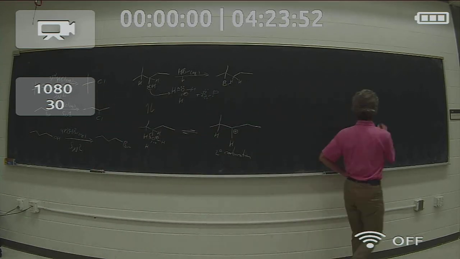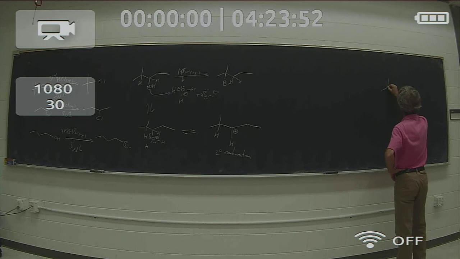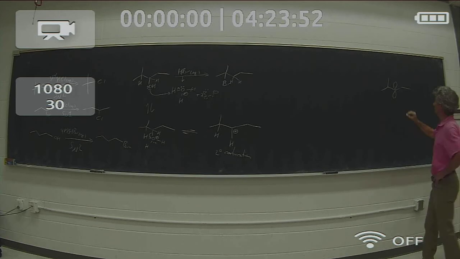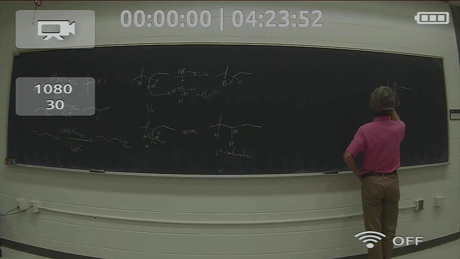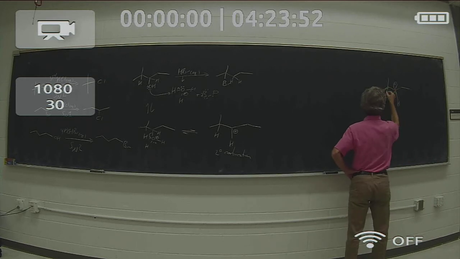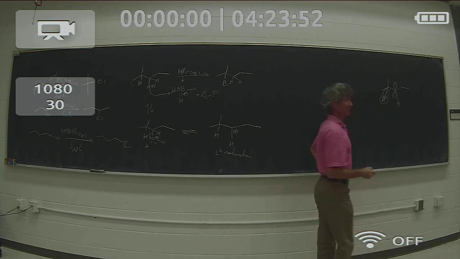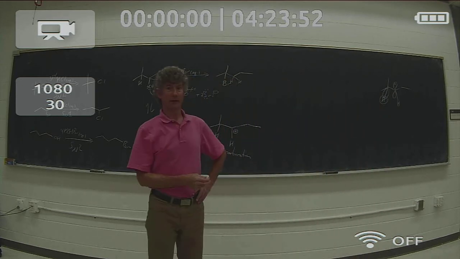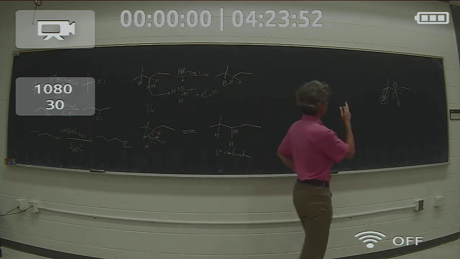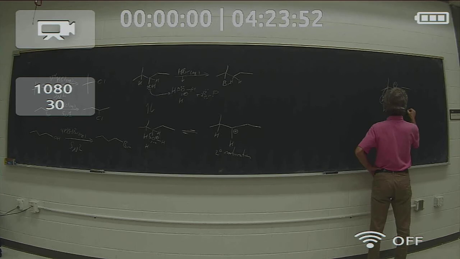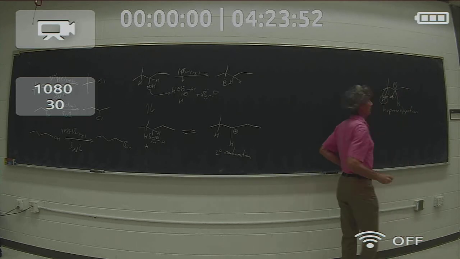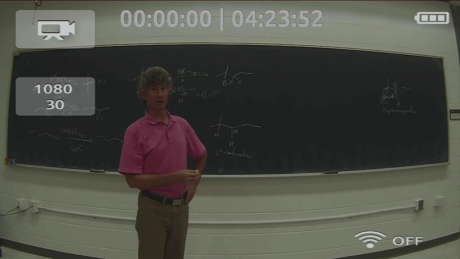So if we were to draw a picture of the p orbital that's empty where the positive charge resides, we would show our hyperconjugation with our sigma bonding orbital between an sp3 hybridized orbital on carbon and a 1s orbital on hydrogen, and we would say that electron density is donating to stabilize the electron deficient p orbital in the secondary position.